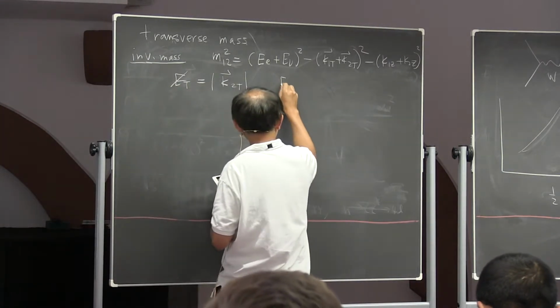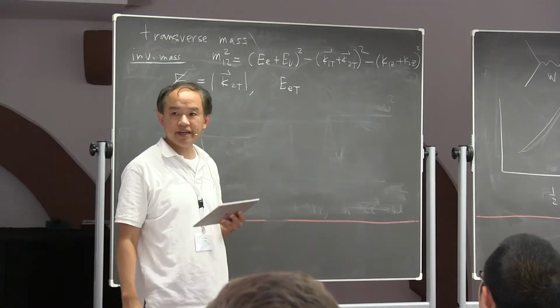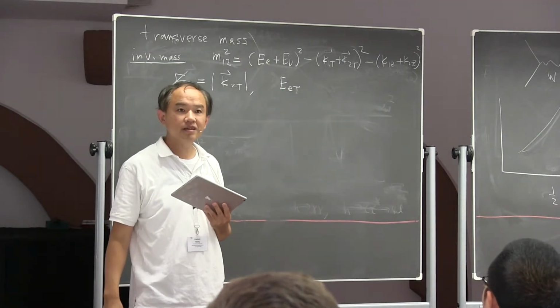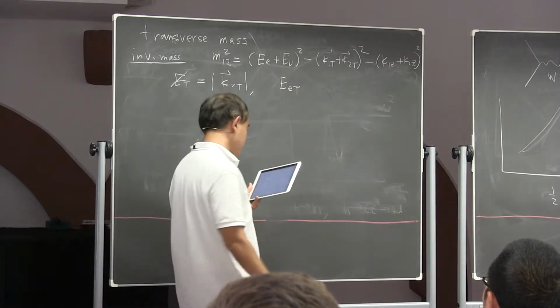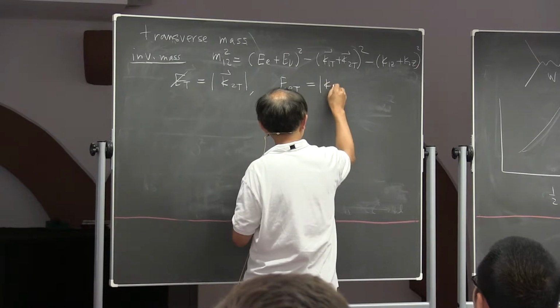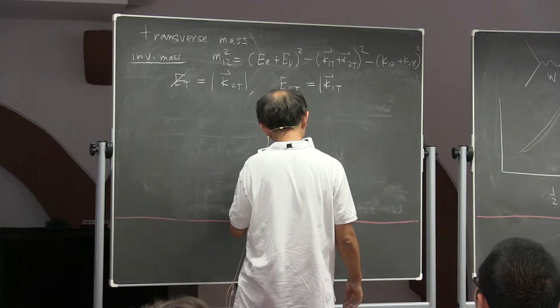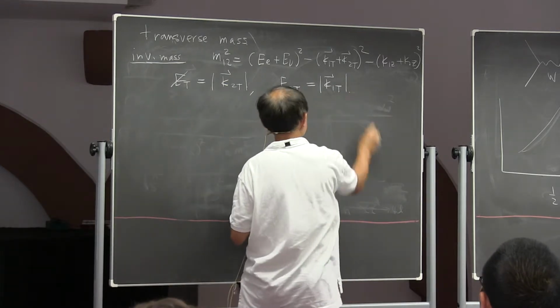I'm going to define something else: the transverse energy of the electron, which is basically just the magnitude of K1T.